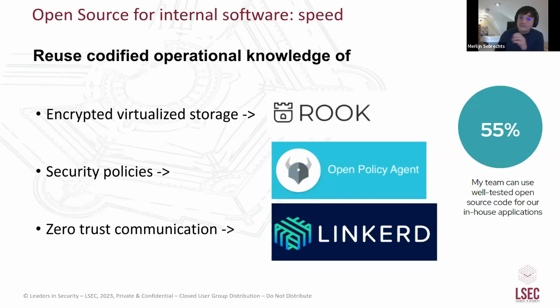And then finally, a very big advantage of open cloud technologies is that you can reuse codified operational knowledge. So the knowledge of how to deploy applications, how to configure them, how to make them secure, all this knowledge is already embedded in a whole bunch of open source projects.